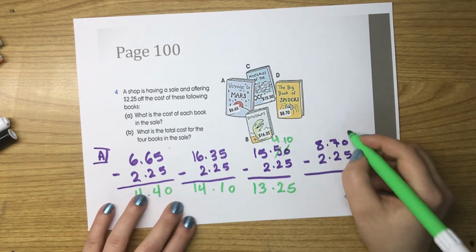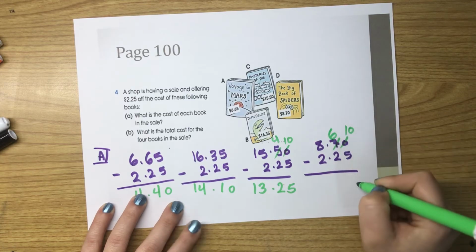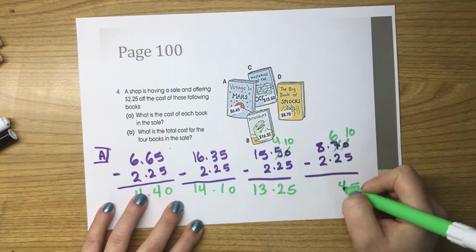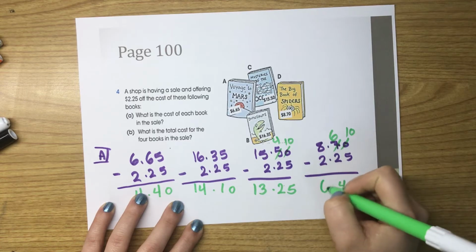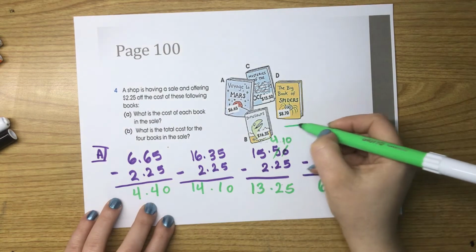The next one, regroup, do not forget, 10, 6, 5, 4.6. Now these are the prices after making the sale offer. This is question number A.